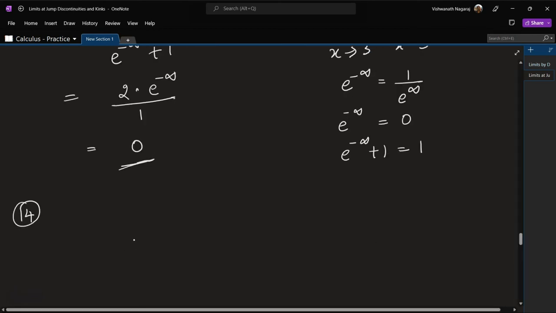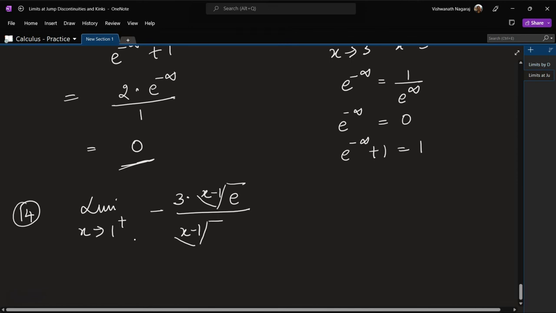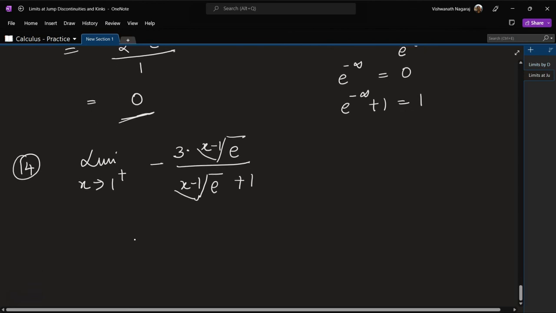Now, 14th one, limit as x approaches 1 from the positive side of minus 3 times x minus 1th root of e by x minus 1th root of e plus 1. Again, don't get confused. It is just a different way of writing the same thing we did previously. Minus 3 we can take out.